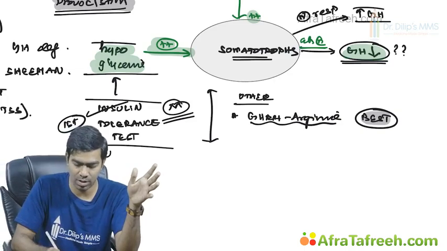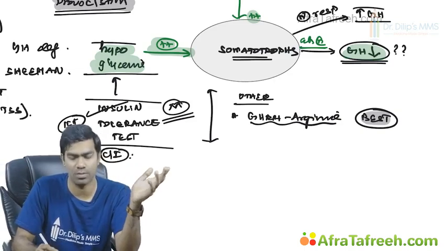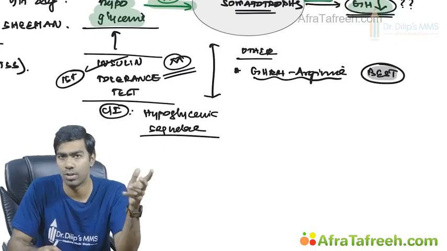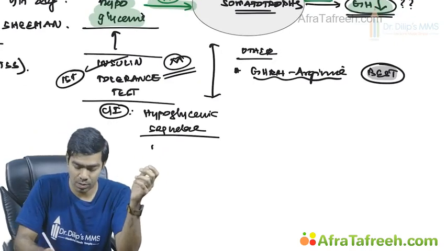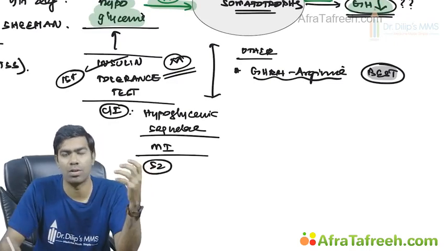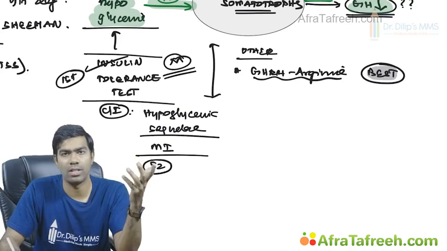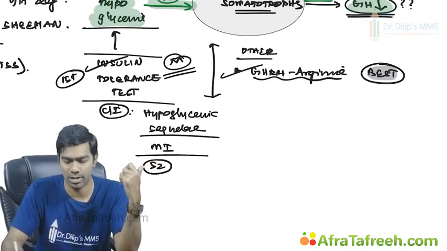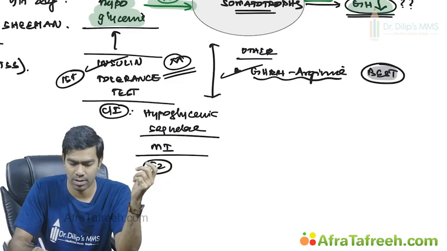But if insulin tolerance is contraindicated, for example in patients who are prone to severe hypoglycemic consequences, you cannot do this test, they might die. Also in patients who have had a recent MI, or patients with a seizure-prone tendency, it's very difficult to do insulin tolerance. In those conditions you can prefer a GHRH arginine test. This is also a very important provocative test.